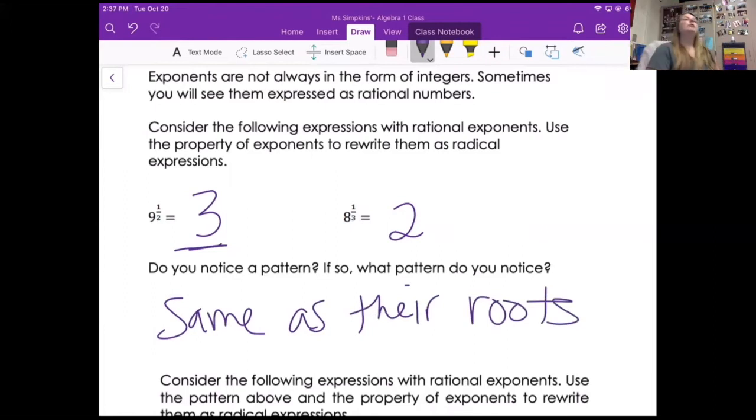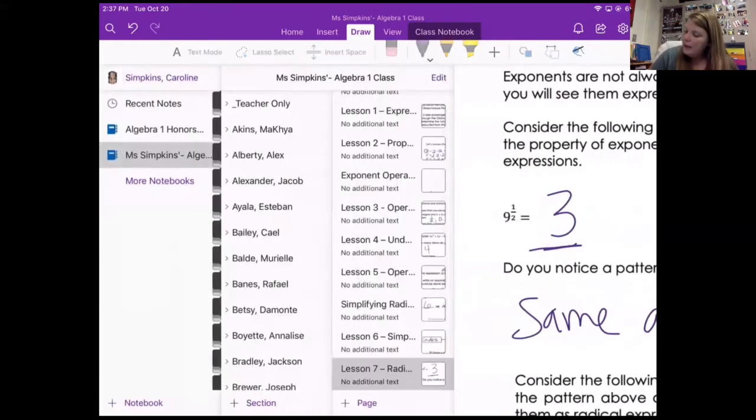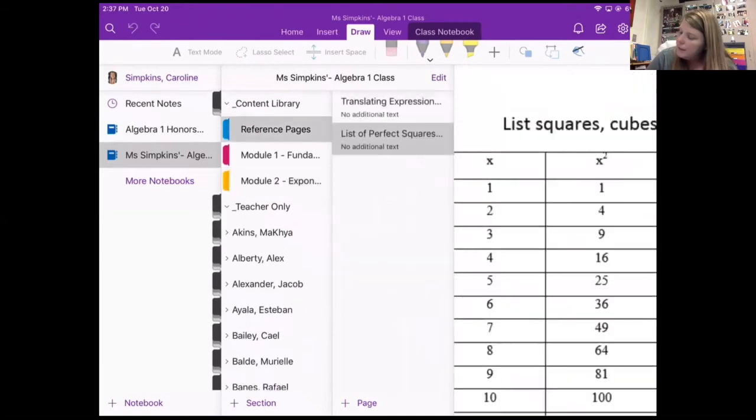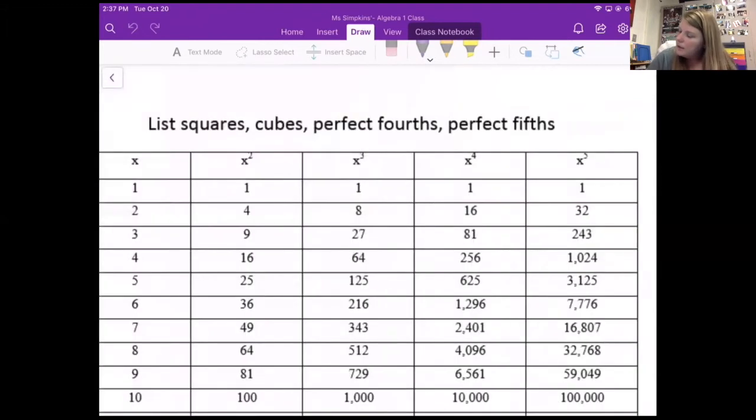And if you don't have your roots memorized, which I would assume you probably don't, I gave you a list in your OneNote. Under reference pages, there is a list of all of the squares, cubes, fourths, and fifths here.